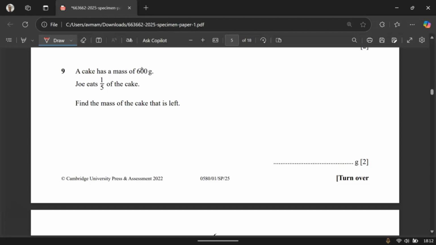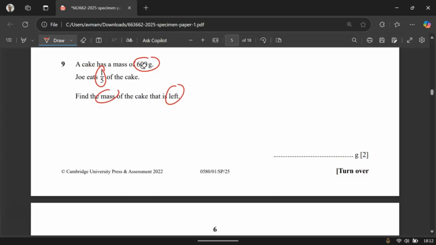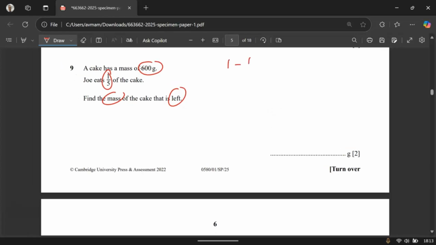Question number 9. A cake has a mass of 600 grams. Joe eats 1/5 of the cake. Find the mass of the cake that is left. So if 1/5 is eaten, 1 minus 1/5 will give you 4/5. So all you need to do is calculate 4/5 of 600 and then simplify. 5 times 1 is 5, 5 times 12, and then 0, so 120.